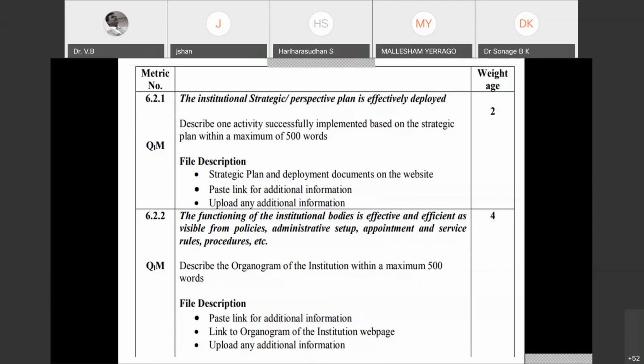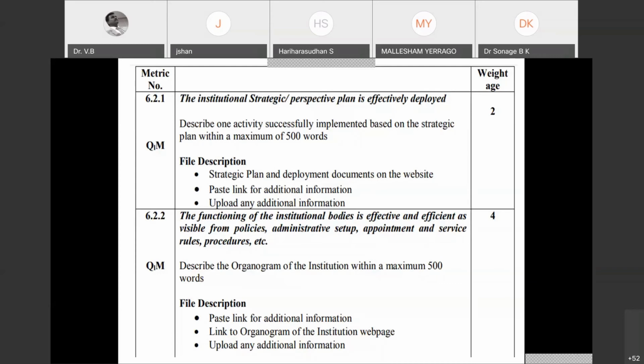Here, if you remember, when we were submitting the IIQA, there was the last question that was asked, whether the institution has committees like women empowerment, minority cell, faculty grievance redressal cell. Like this, we had some 6 or 7 committees, and they had asked us to check whether we have those committees. So that thing would be reflected here in this 6.2.2.